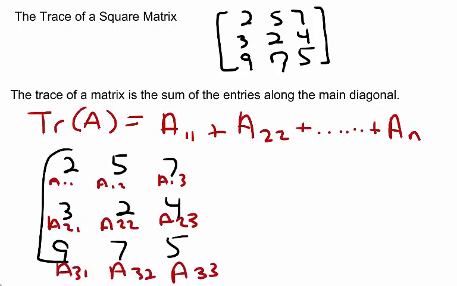The trace of our matrix here is A row 1, column 1, plus A row 2, column 2, plus A row 3, column 3.